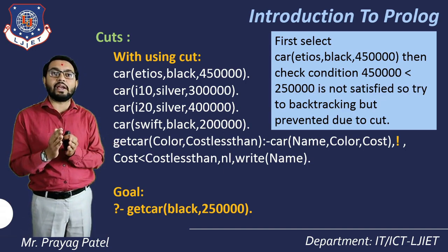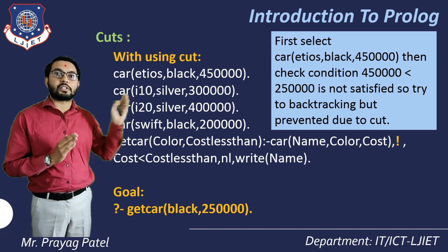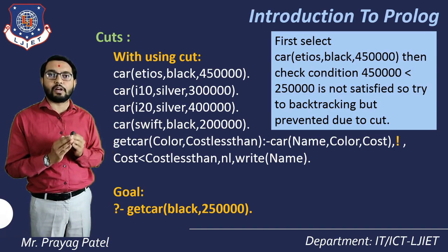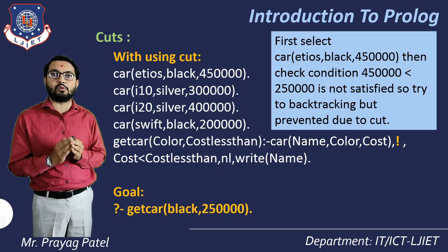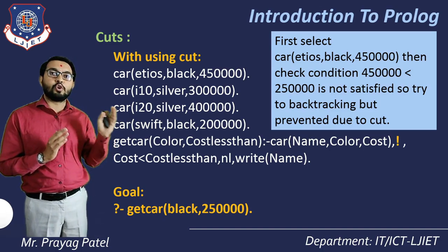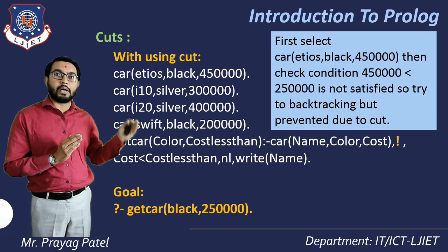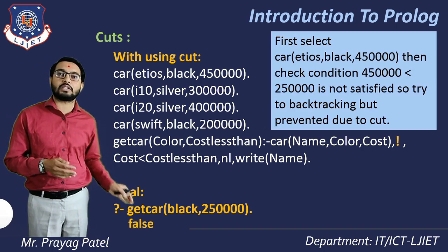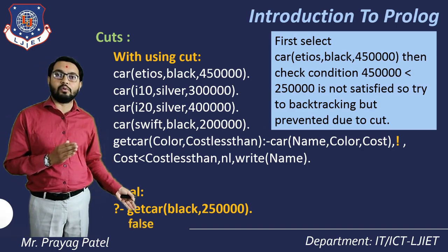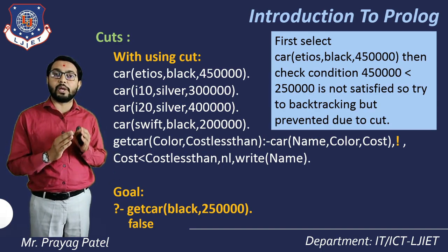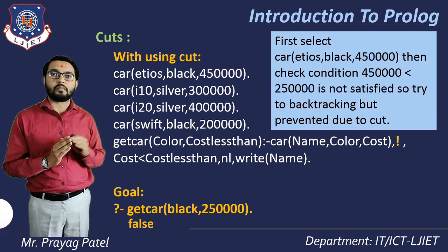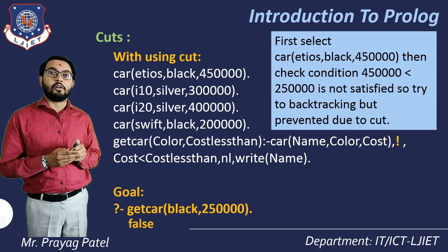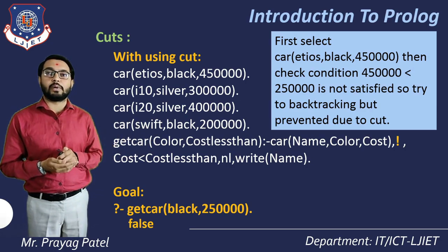So the cut command prevents backtracking. So first select car Etios black 4,50,000, then check the condition: 4,50,000 less than 2,50,000 is not satisfied. We try to backtrack but it is prevented by the cut. So our answer is false. We found no car according to this condition because of the cut command. There is already one car available, Swift, but it is not found because of the cut command.